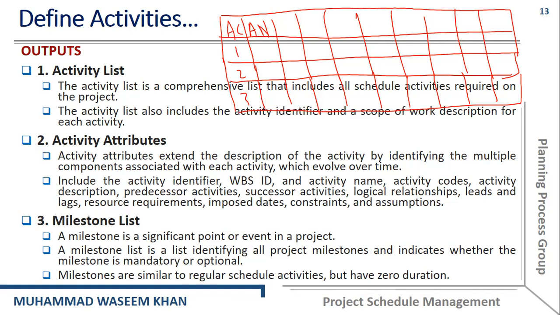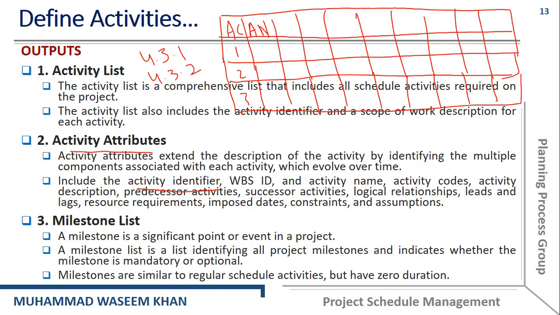Like for students, we have a student ID or registration number, and that is unique. Similarly, for every activity, we will have a different identifier. Then the activity name, that is, the name of the particular activity that you are going to perform, and the logical activity codes. You will also have to provide the activity description, that is, what we are going to perform in a particular activity.